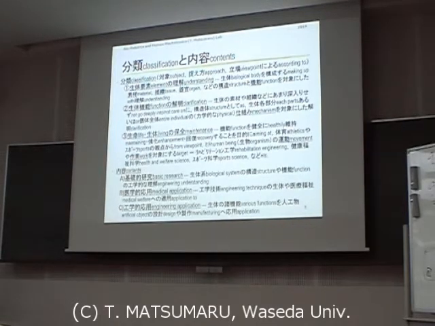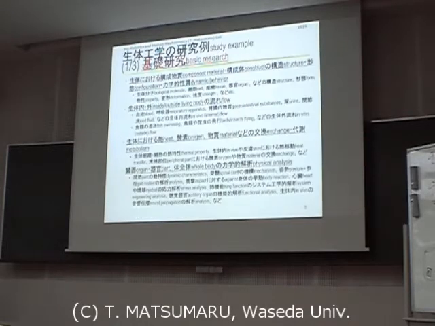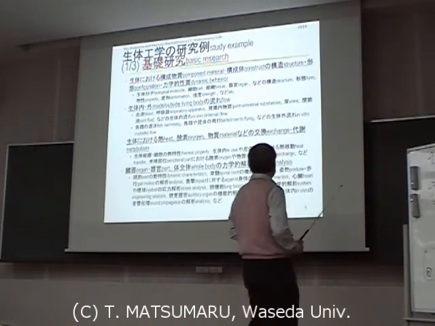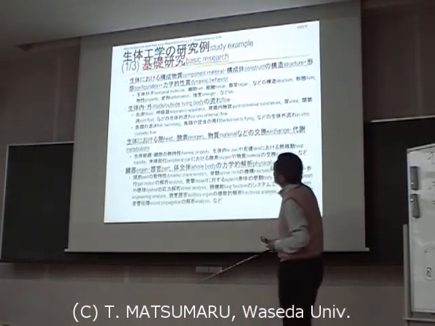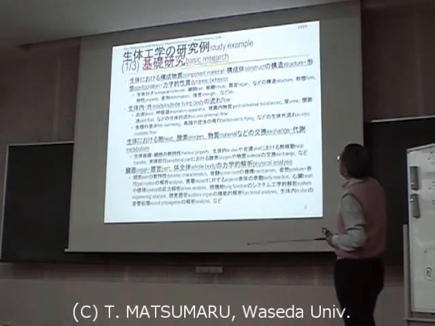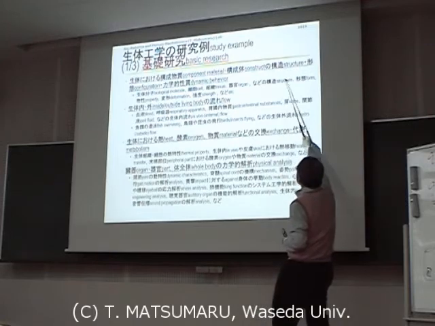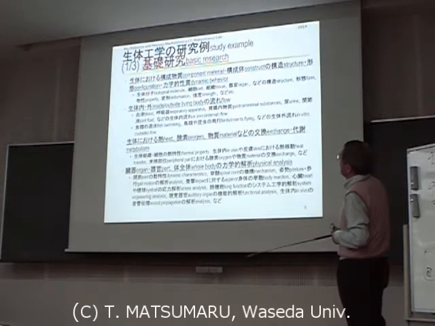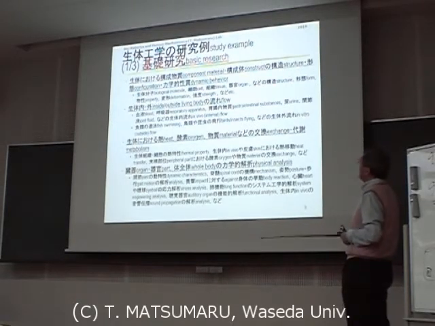Next, I will introduce some examples. The first, the basic research. The basic research means understanding living creatures themselves. It is at several levels: the molecular levels, cellular levels, tissue levels, organ levels, individual levels, and so on. So here the component material, construction, structure, and configuration, and its dynamical behavior are such.